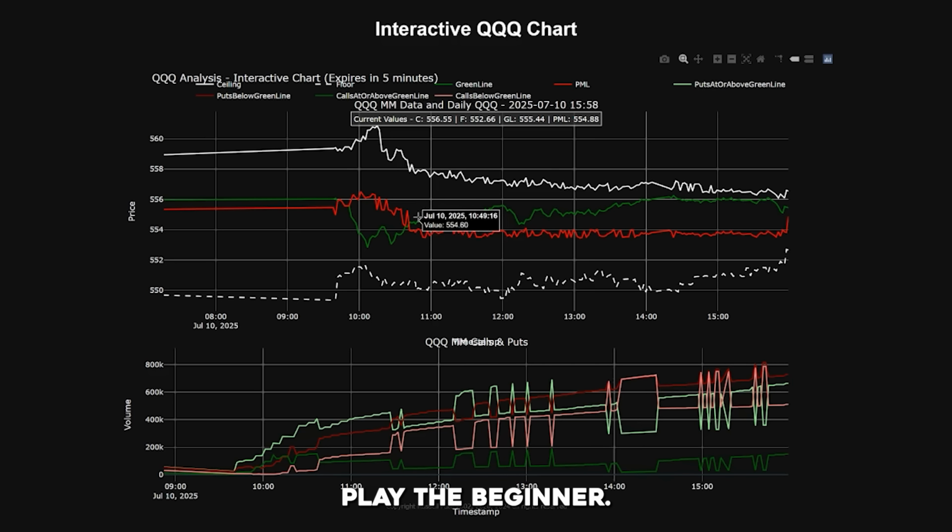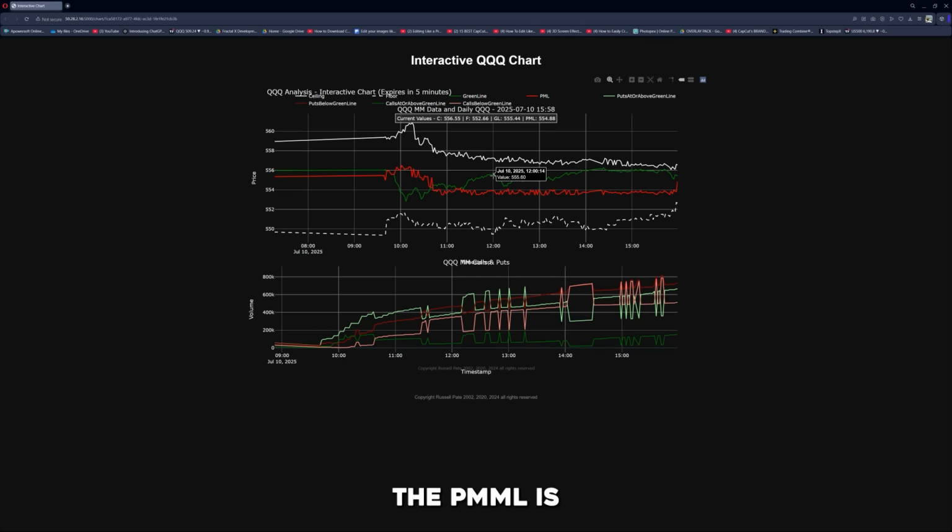Of course, if you want to play the beginner way, yes, you gotta wait for the price breaking the PML and then take the calls. Your dad also mentions that when the price crosses above the PML, he sometimes takes calls there, or sometimes he goes with the tabletop. Remember? Yes, I do remember the tabletop. So he goes with the tabletops or the PML. If the price is above the PML or below the PML, he decides his trades according to that.